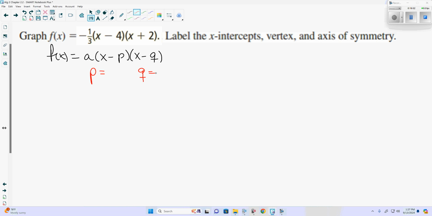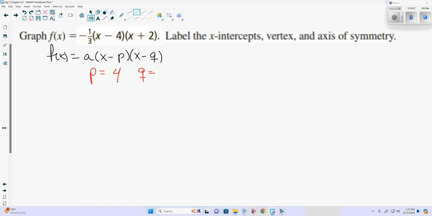So what would our p value be? It would be 4, but would it be positive or negative? So we look at it compared to the original, x minus p, x minus 4, yes? The x's line up, the minuses line up, so p is 4.